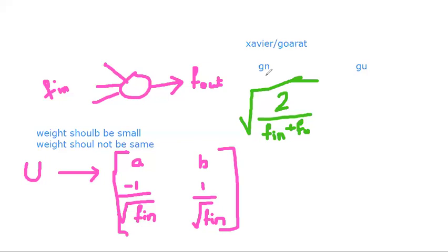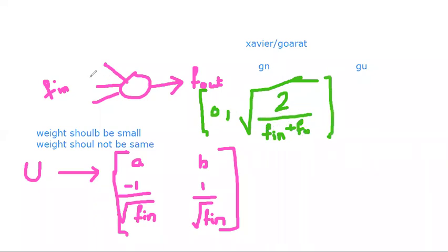It will consider values in the range of 0 to this. The lower limit will be 0 and the upper limit will be this value. So it will consider the weights in the range of 0 to under root of 2 by fan in plus fan out.